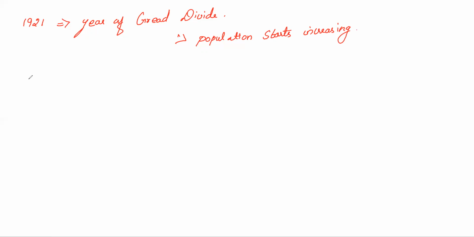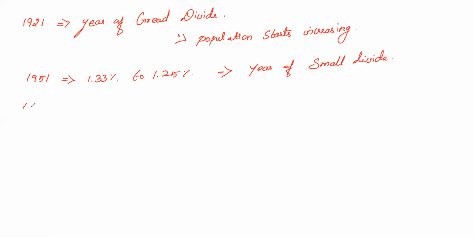Okay, so during 1951 the growth rate fell from 1.33 percent to 1.25 percent. So hence it is known as the year of small divide.